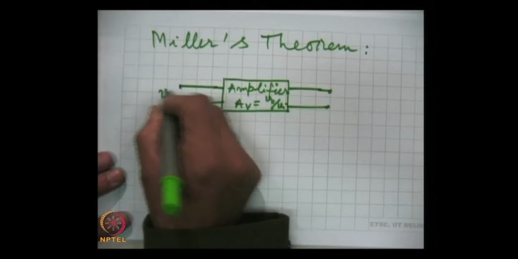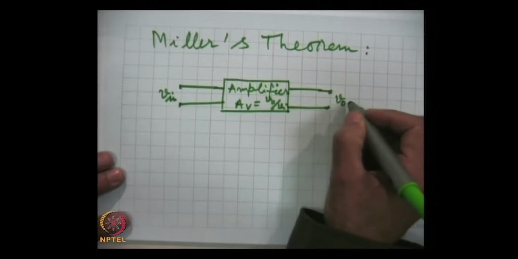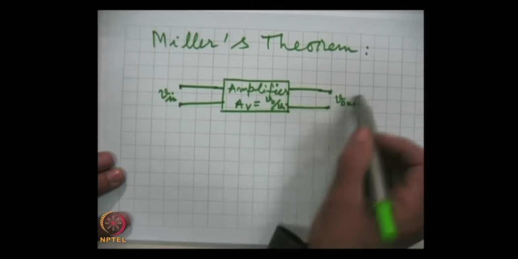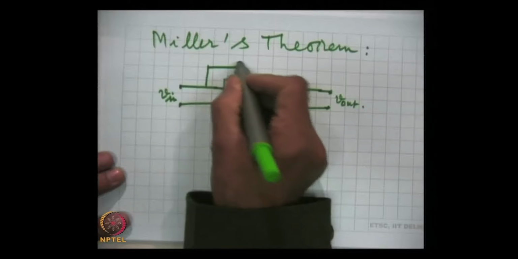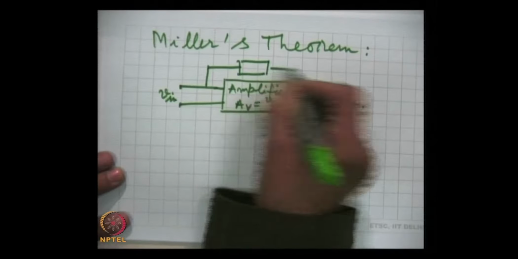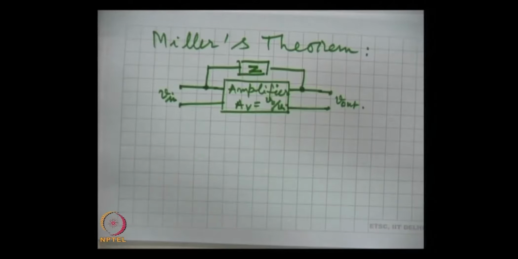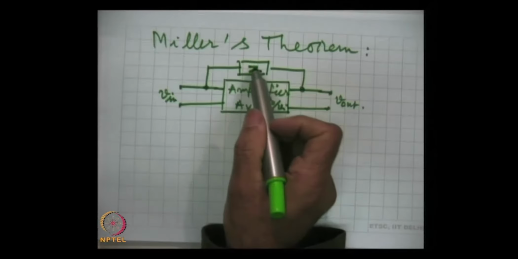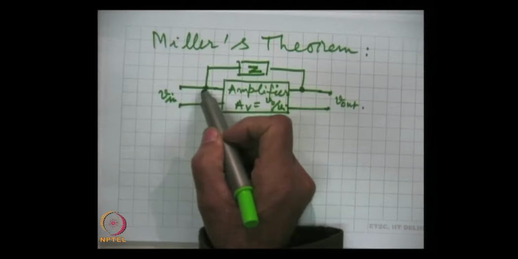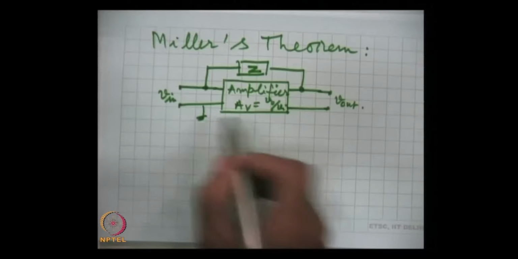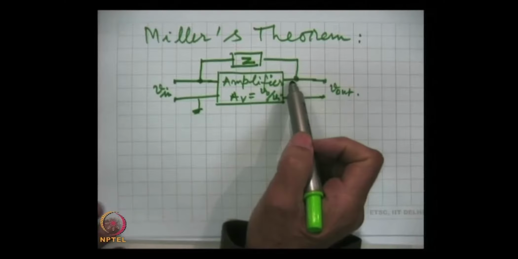We give a signal V in and we measure V out, and the ratio of the two is gain. Now here, if this is the situation, what is the situation? The one end of the impedance Z is connected at the input of the amplifier and the other end of the impedance is connected to the output.